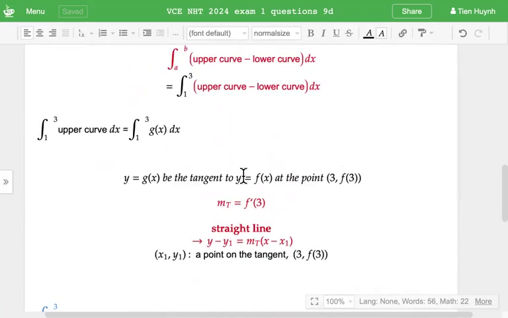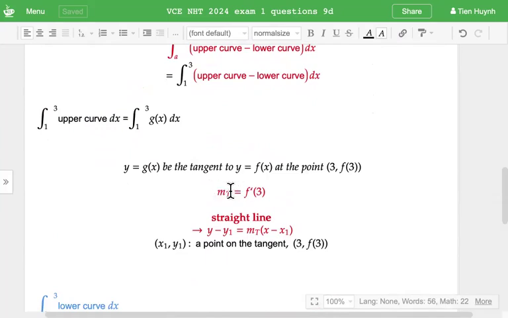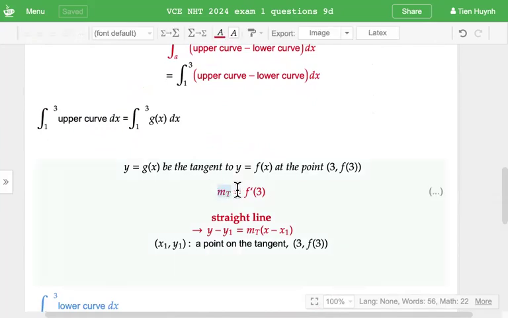Also importantly, notice that the tangent to a curve, the gradient for that tangent will always be the derivative of the curve evaluated at the point. Does it make sense? And also because the tangent is a straight line, it can be found using this equation.